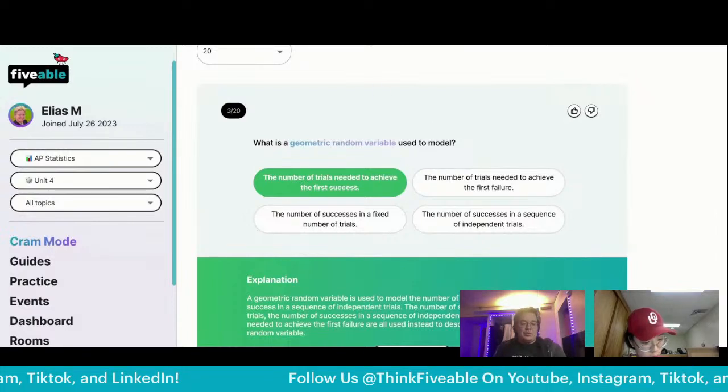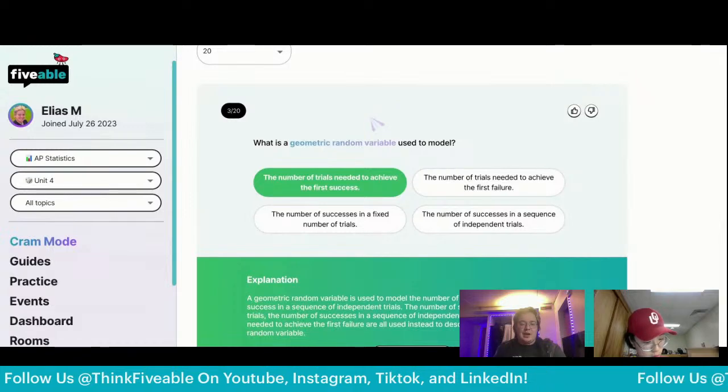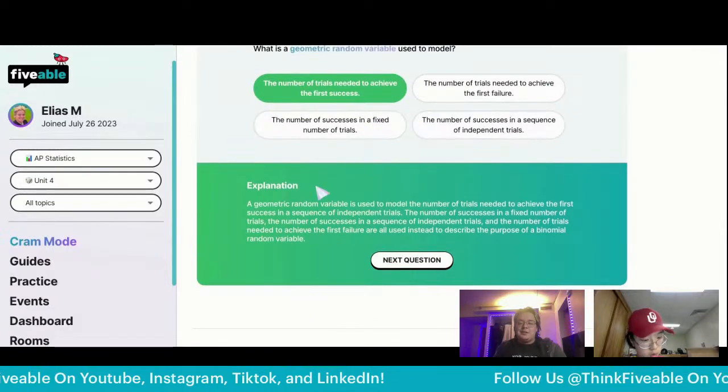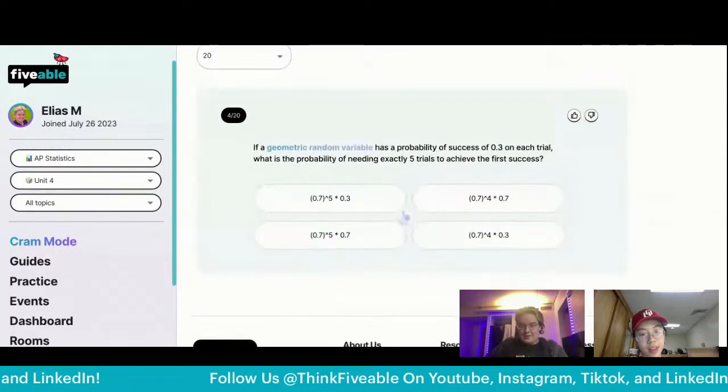It's always something I struggled with in AP Stats, differentiating geometric versus binomial. But we went over the binomial already, so I think it is time for the next question.